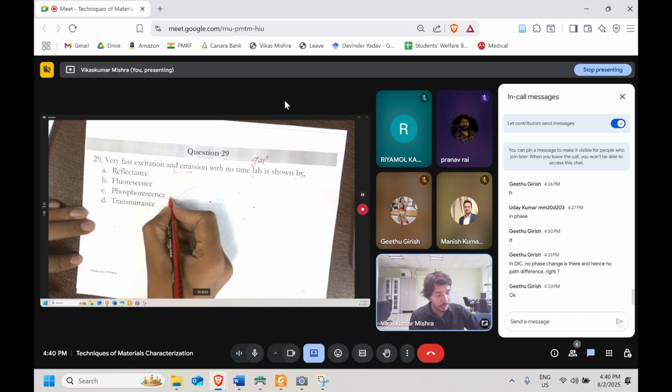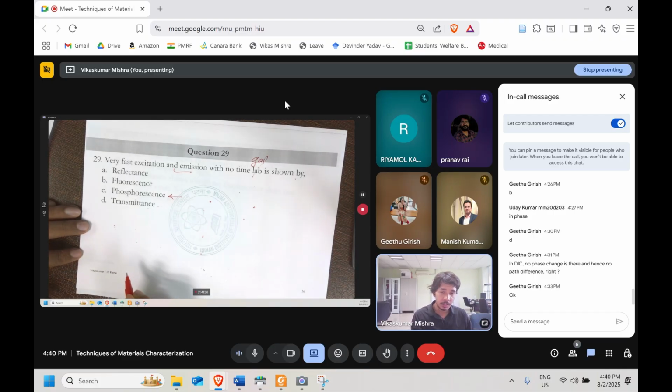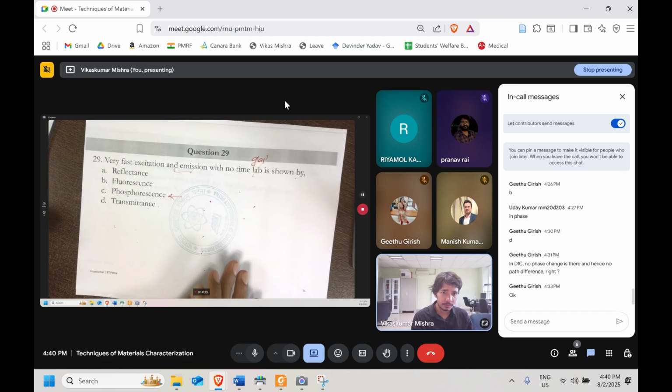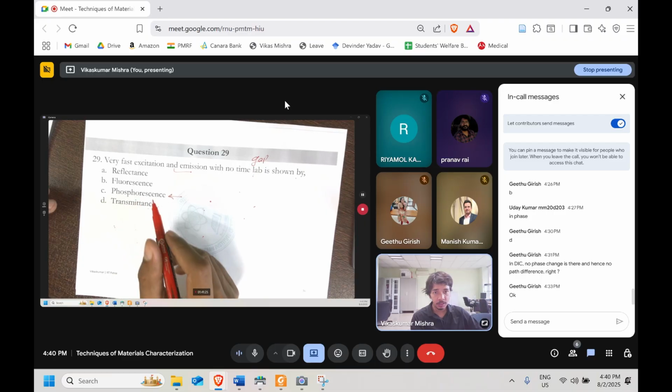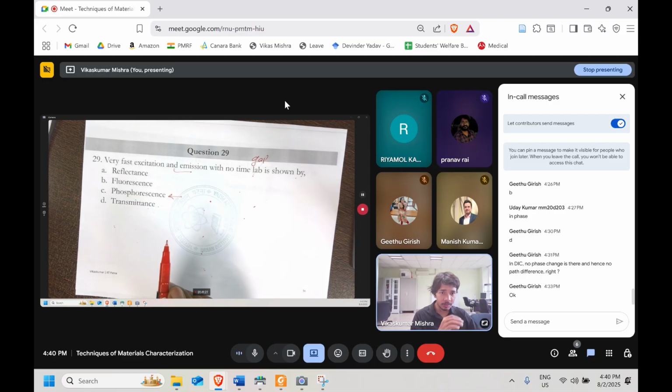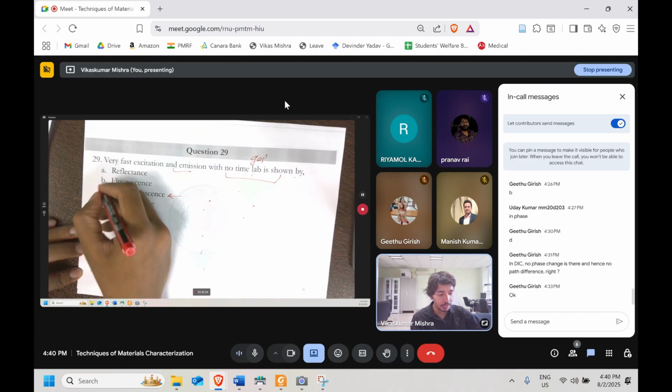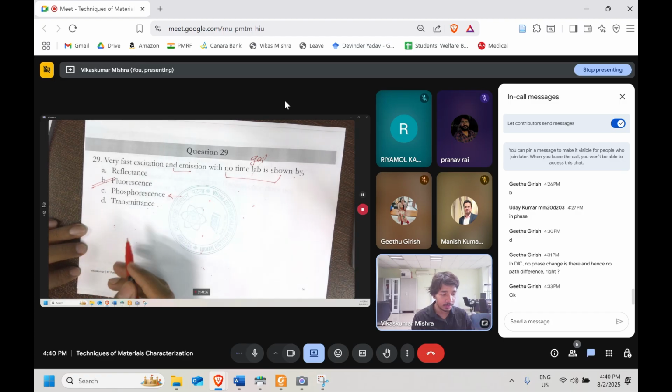Now you will see that phosphorescence, we have also discussed in the class, is something which will take a lot of time. It will take a couple of seconds to disappear. Let's say you turn off the light, it takes a couple of seconds to turn off. While fluorescence, this phenomenon happens within 10 to the power minus 12 seconds, around picoseconds. So the very fast, no time gap, is shown by the fluorescent material. It's fluorescence, not phosphorescence.